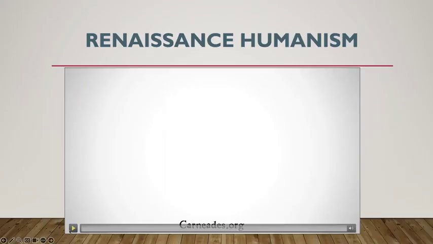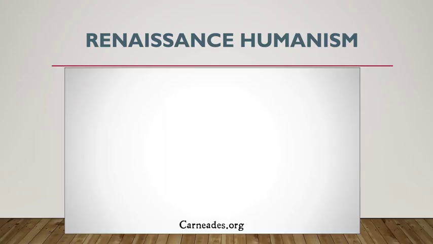All right, so let's take a look at Renaissance humanism. I think this encapsulates, or it reinforces, the idea of people in general, at least intellectuals, moving away from the power of the church. And the church is beginning to accept this. They realize they can't stop progress.